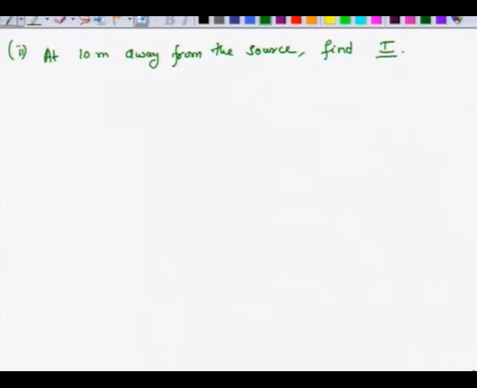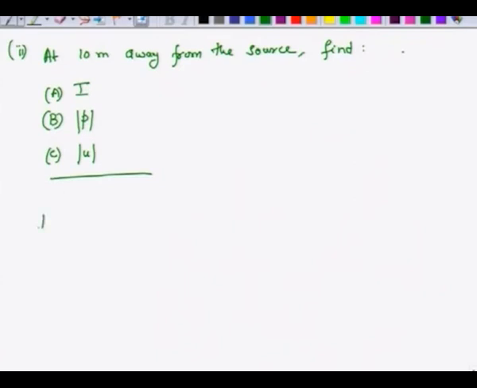We have to find a couple of things: intensity, then the amplitude of pressure, and then the amplitude of velocity.